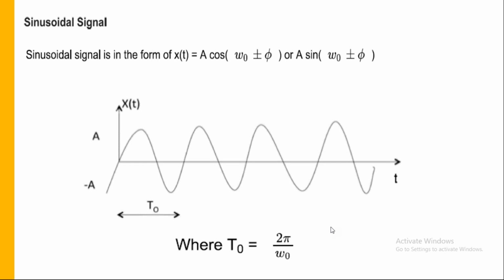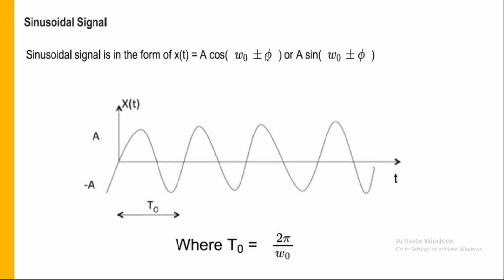Omega is 2 pi f, and f is 1 by T. From this, you substitute omega equal to 2 pi by T and T equal to 2 pi by omega. So here instead of T we are using T naught, and instead of omega we are using omega naught. So T naught is nothing but 2 pi by omega naught, which represents the period of the waveform.